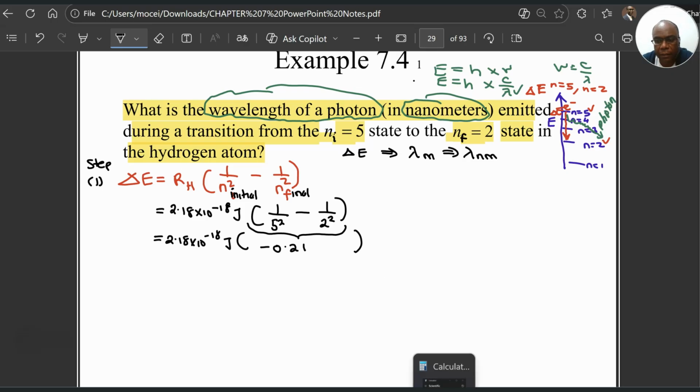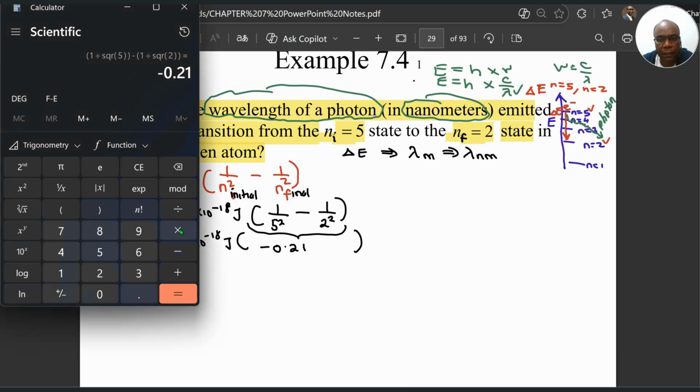Then I take that number and multiply by the Rydberg constant, 2.18 exponent negative 18. I'm getting this very small number with a negative.